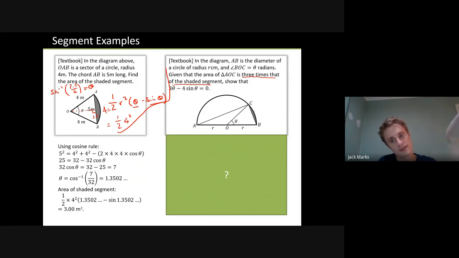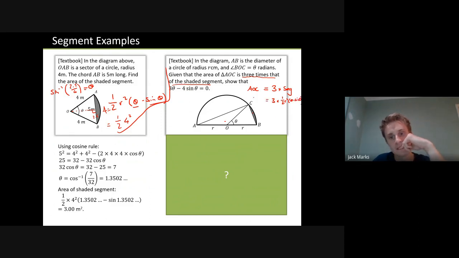I want to talk about the segment so I can set up an equation, and I want to talk about the triangle so I can set up the equation. So AOC is 3 times, I'm just going to write segment. What's the segment? Well, the segment in general terms is half r squared, theta minus sine theta.